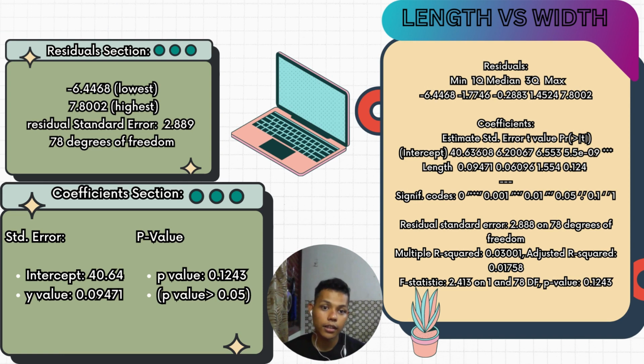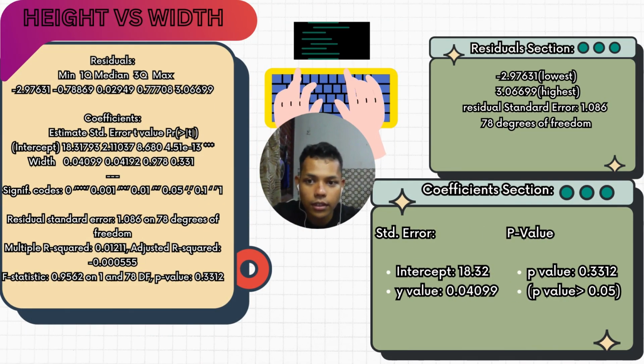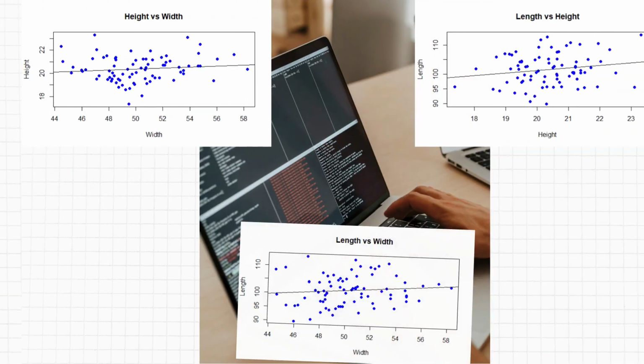For the length versus width plot, the p-value is still over 0.05, which means that there is no significant relationship between the length and the width. Finally, for the third scatter plot, we can deduce the same conclusion, that the x and y axis have no real relationship, as the p-value is still over 0.05.